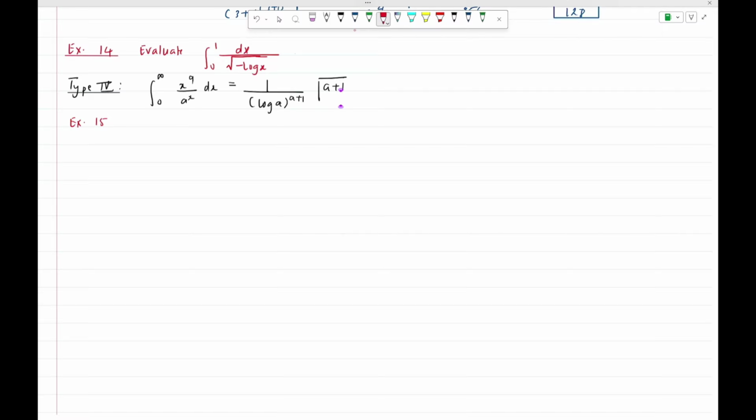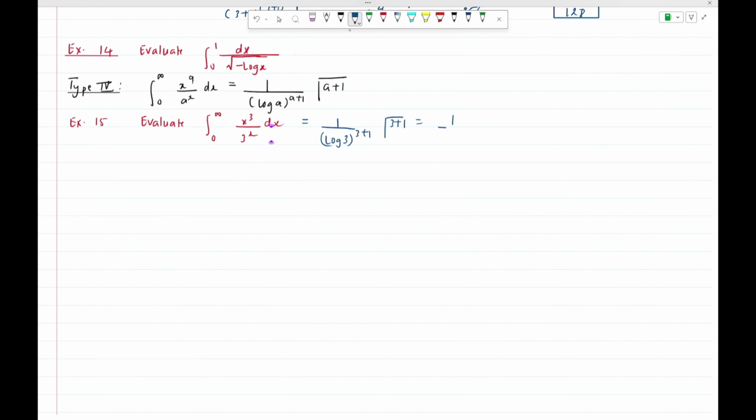So for example, we can evaluate the integral from 0 to infinity of x cube divided by 3 raised to x dx. As you can see, the value of a is 3 in this case. So this is going to be 1 over log of 3 raised to 3 plus 1, and then gamma of 3 plus 1.